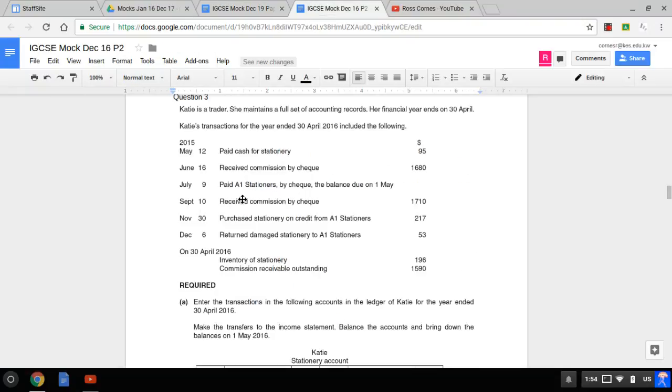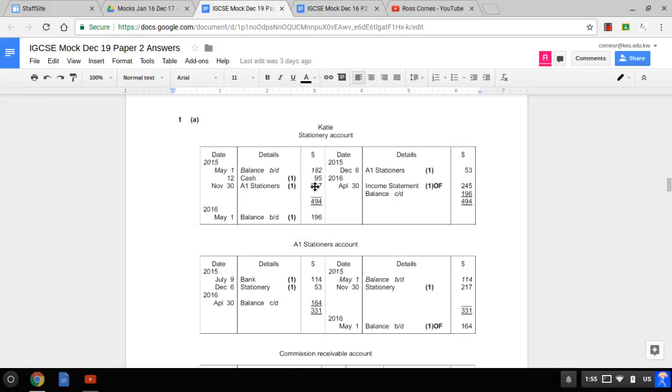And there was also a purchase of stationery that goes in for 217. There was a return of some stationery on the 6th of December, so 53 goes on the credit side. You were told what the inventory was at the end. That inventory at the end is carried forward to the next time period and is part of the next time period's expense.